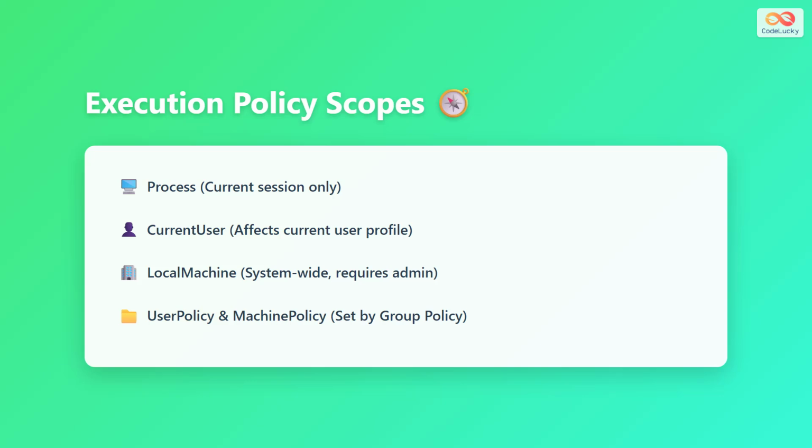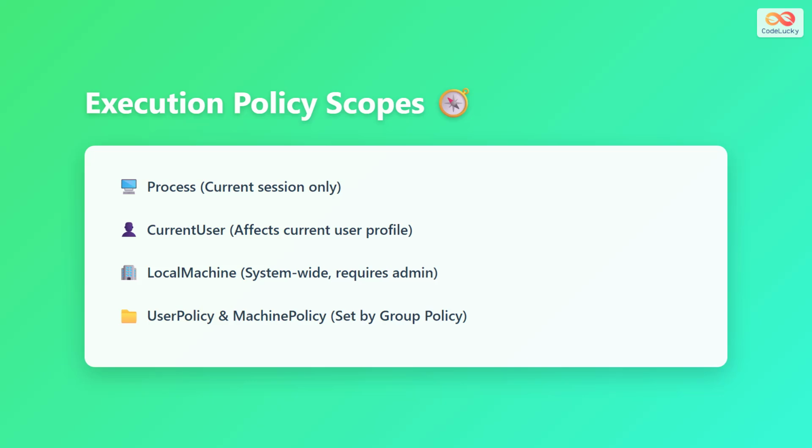Execution policies can be set at different scope levels, and understanding these scopes is crucial for proper policy management. The Process scope applies only to the current PowerShell session and disappears when you close that session. This is useful for temporary policy changes. The CurrentUser scope affects the current user's profile and persists across sessions. This is the recommended scope for personal settings.